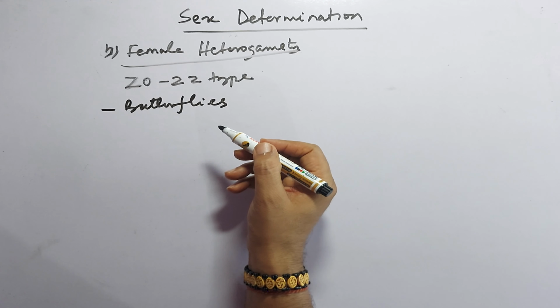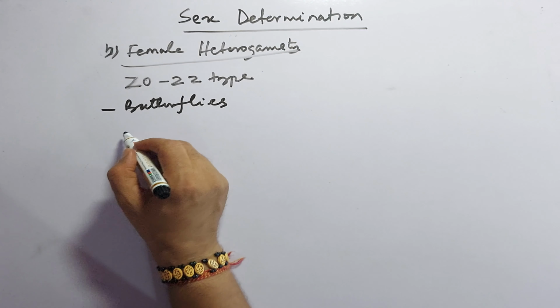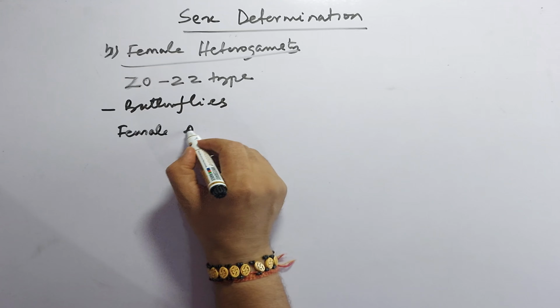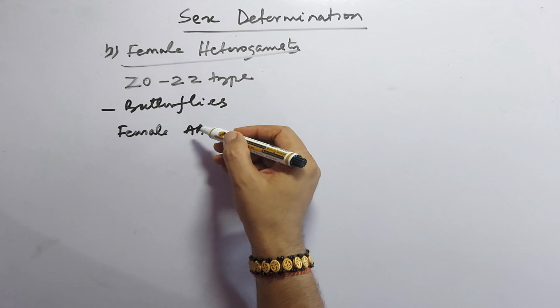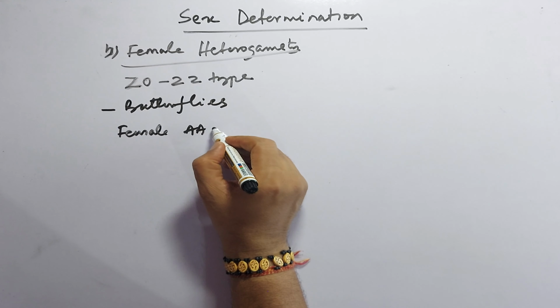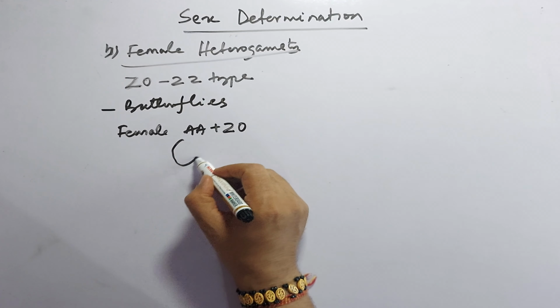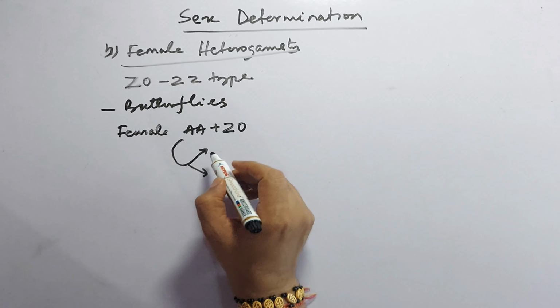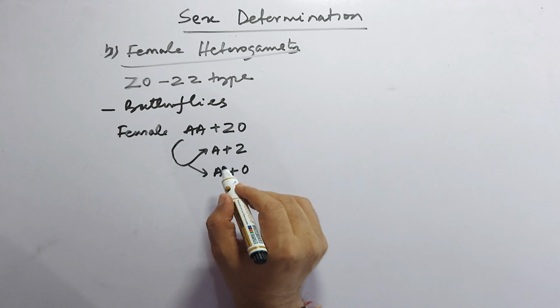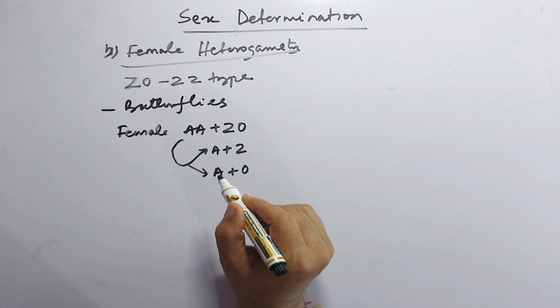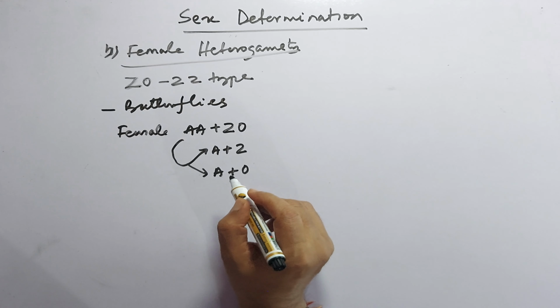Here the female has double sets of autosomes plus ZO. So this will produce two different types of gametes, that is A plus Z and A plus O, means no other sex chromosome.